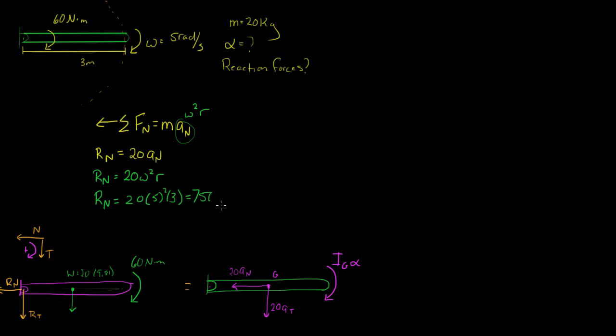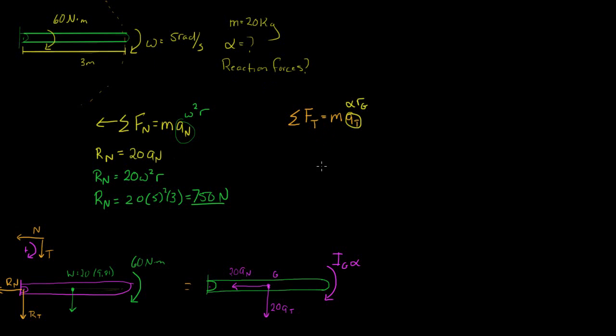Okay, so now I can look at my forces in my tangential direction. I'll do that same type of substitution. This tangential acceleration we know is equal to alpha times the distance to the center of mass.